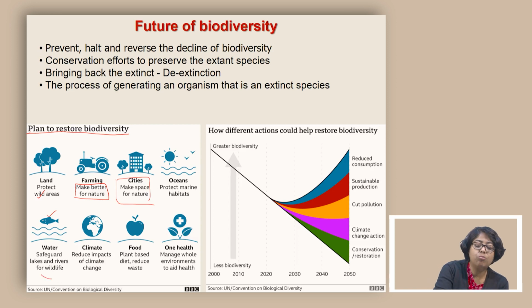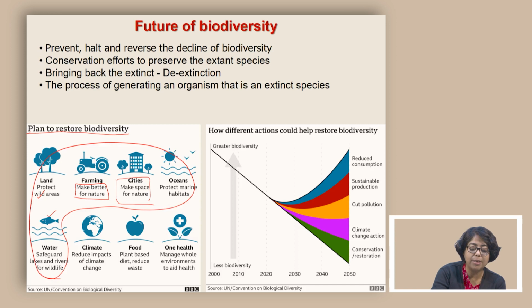But all of these will not finally work unless one looks at the climate. We need to reduce the impacts of climate change, and ensure that it is not going beyond a point where it cannot be reversed.